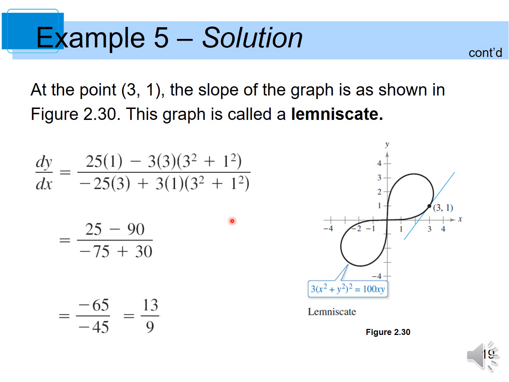We have a slope of 13/9. It's a positive value. Look at this point, the slope of this tangent line. Because the tangent line is going upward, that is why it's a positive value.